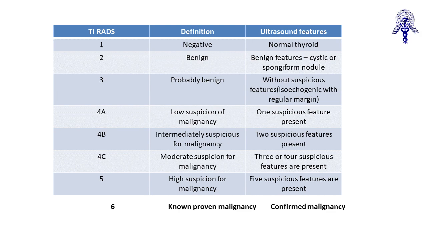So, when you get a report from the ultrasonologist that it is thyroid 4, that means it is a suspicion of a malignancy. A will be a low suspicion, B will be an intermediate suspicion, and C will be a moderate suspicion.